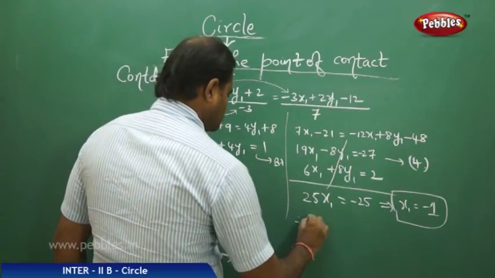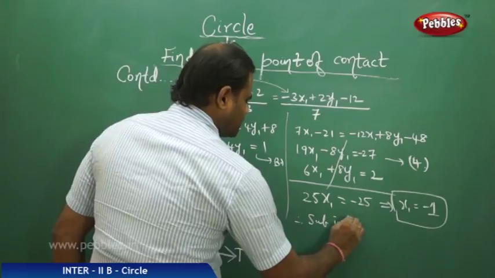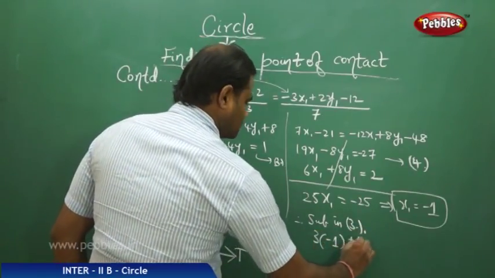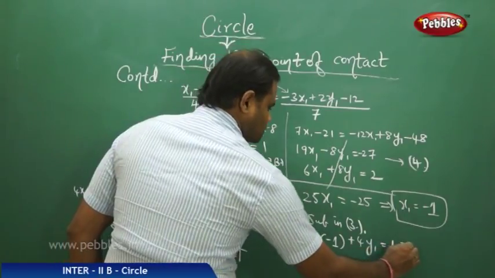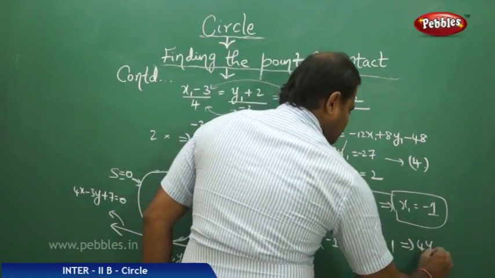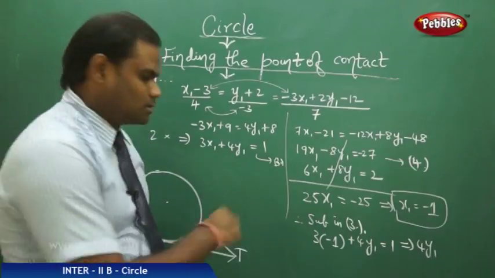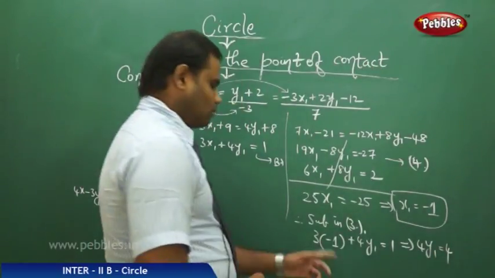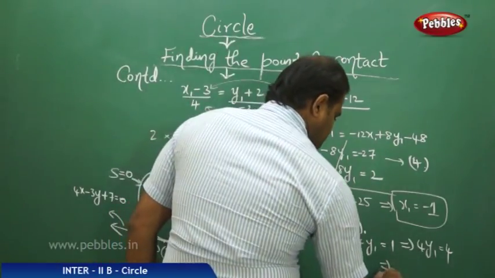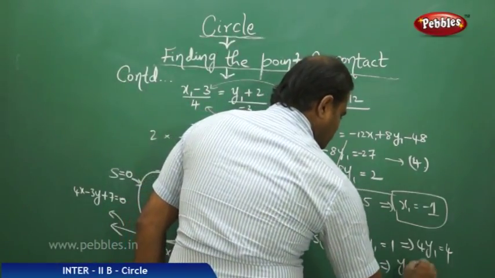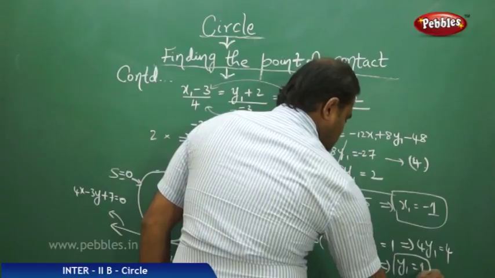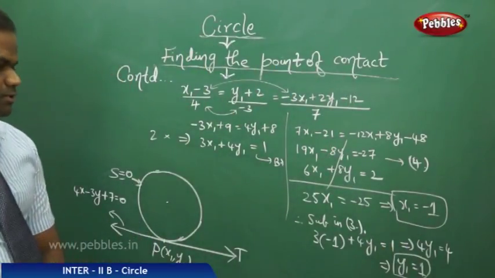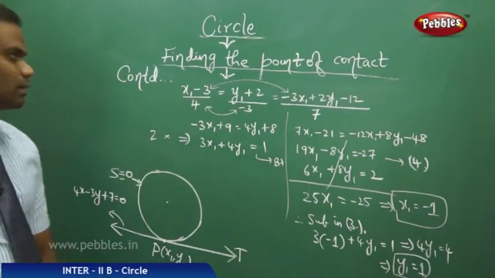Therefore, substituting in 3, I get 3 times -1 + 4y1 = 1. That implies 4y1 = 1 + 3, which is 4. That implies y1 equals 1. So x1 is equal to -1 and y1 is equal to 1.